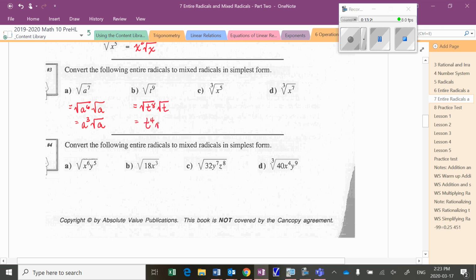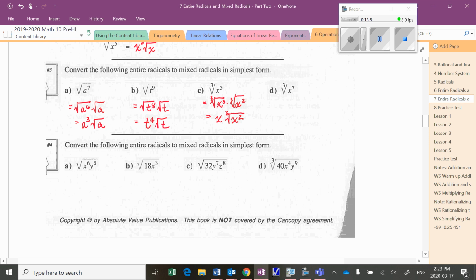Now we're talking about cube roots, so the largest multiple of 3 closest to 5 that I can get is going to be the cube root of x cubed times the cube root of x squared, so the cube root of x cubed is obviously just x, so x times the cube root of x squared.